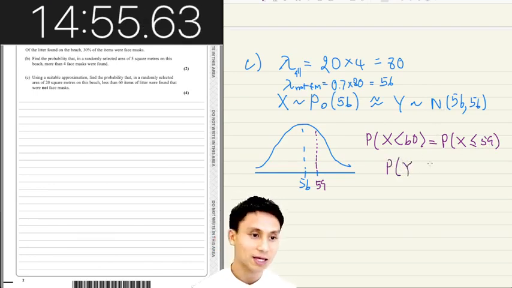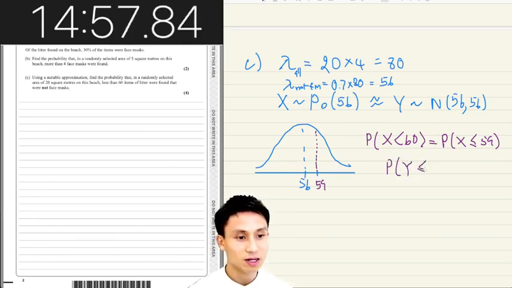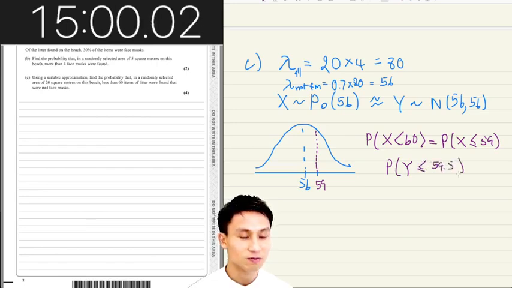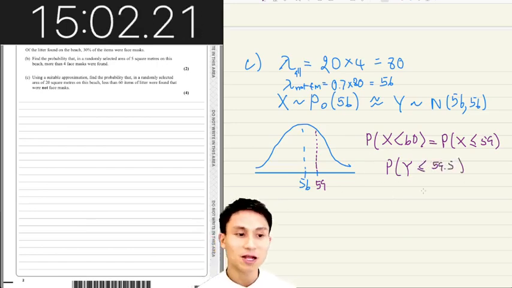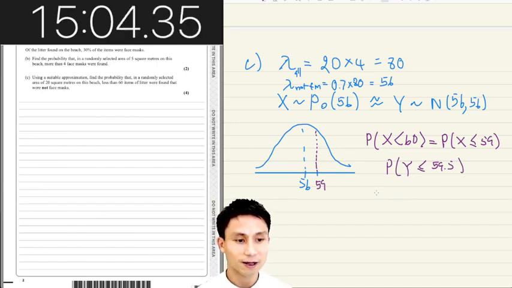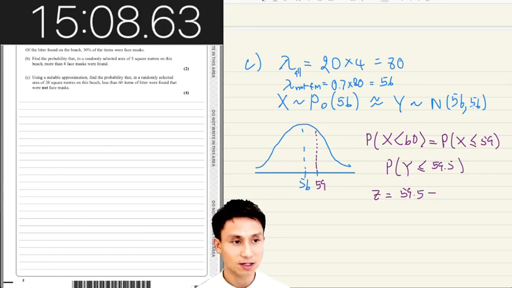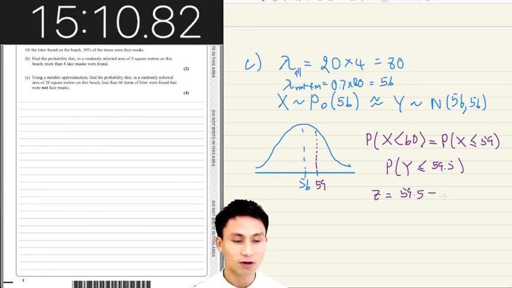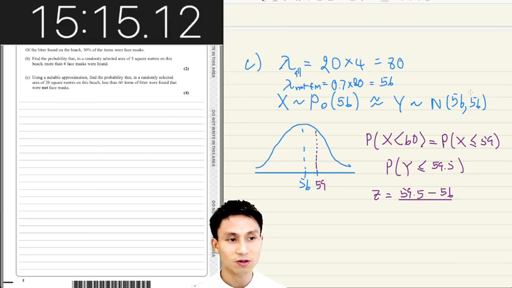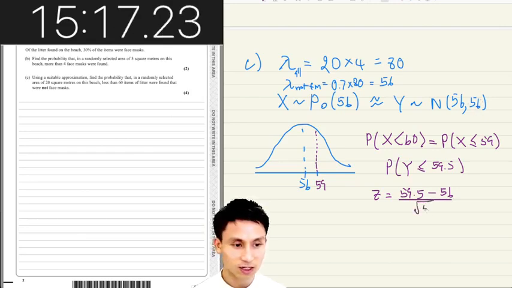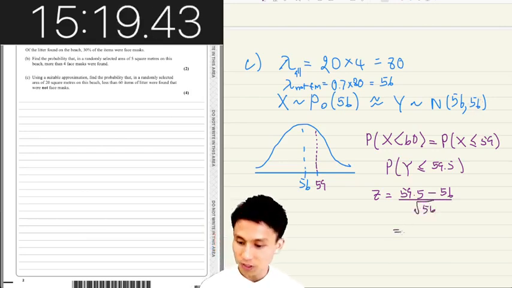We model Y as a normal distribution, so it's got to be less than 59.5. Okay, and then we do the Z value and just find the probability there. So Z value for that is 59.5 minus the mean first, and then over the standard deviation, which is the square root of 56 here. So that would be the Z value there.